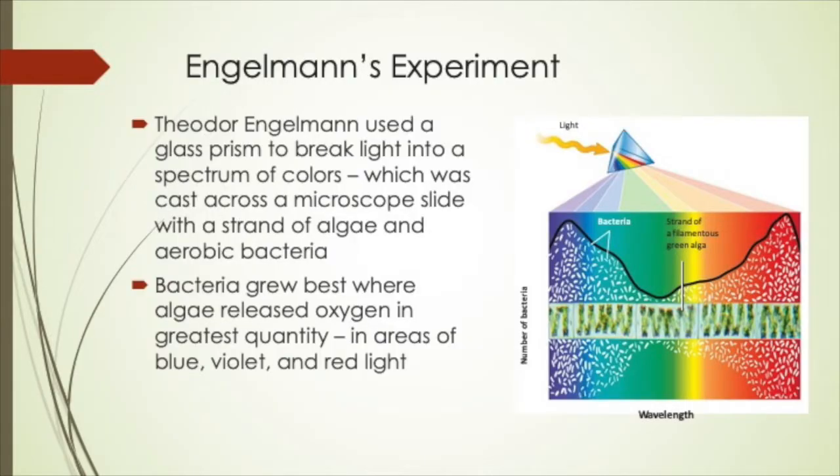It's a conservation of energy until it can suck as much energy out as it can until it eventually can't do anything with it. There's an experiment that Theodore Engelmann used to try and figure out what colors within the visible light spectrum that these types of chlorophyll used.